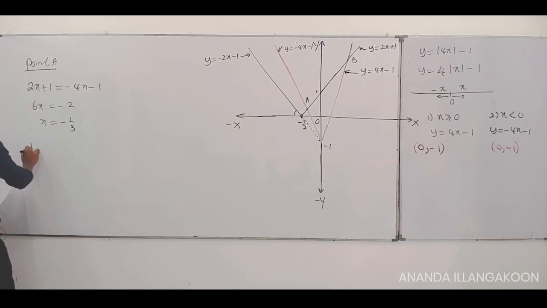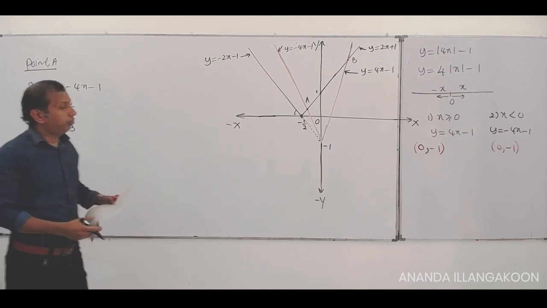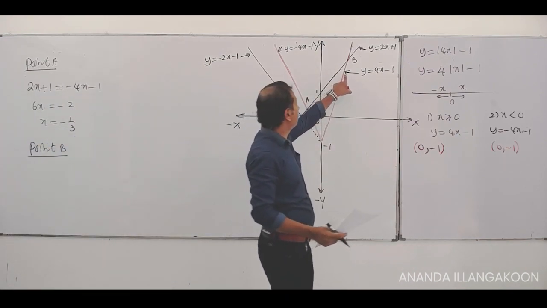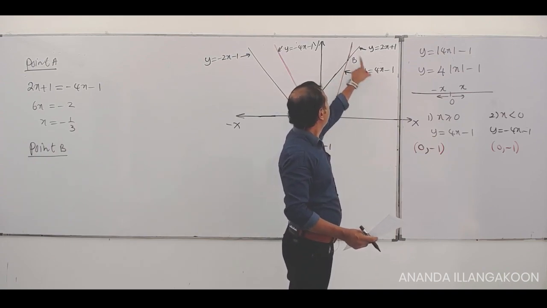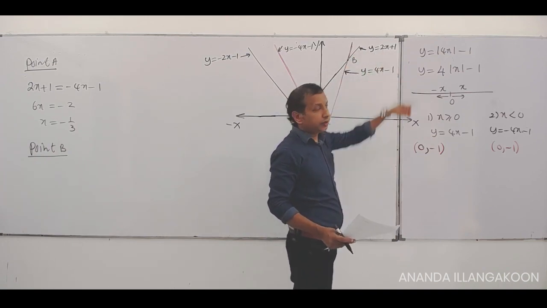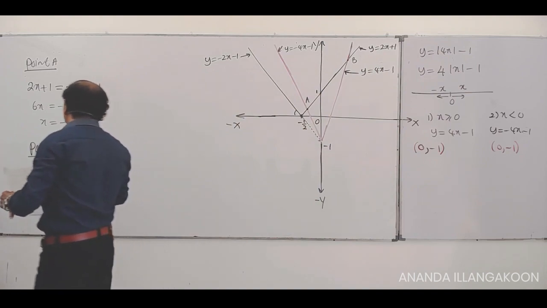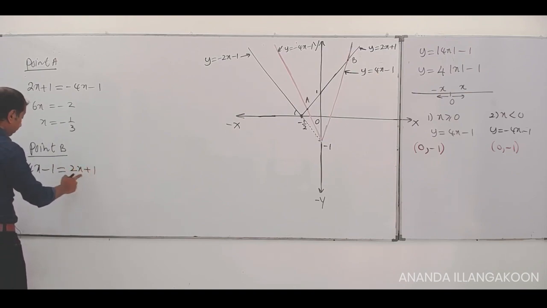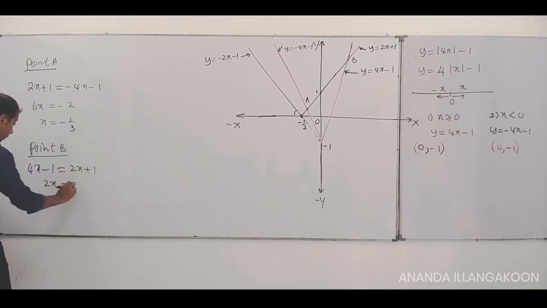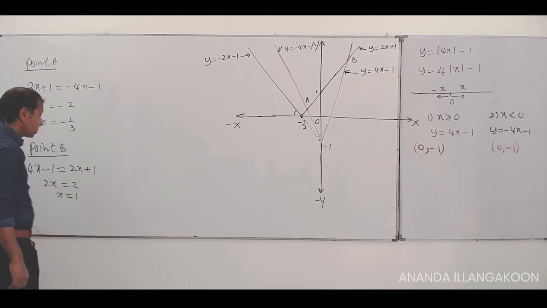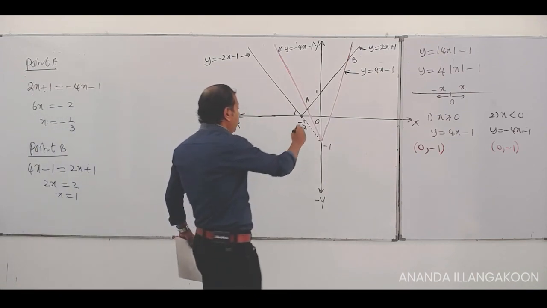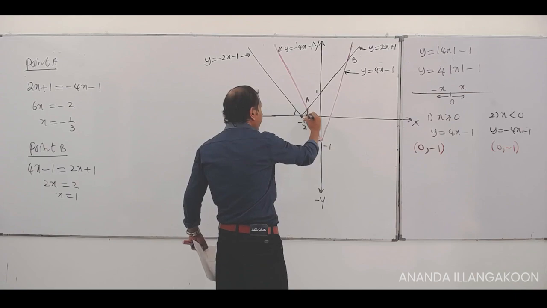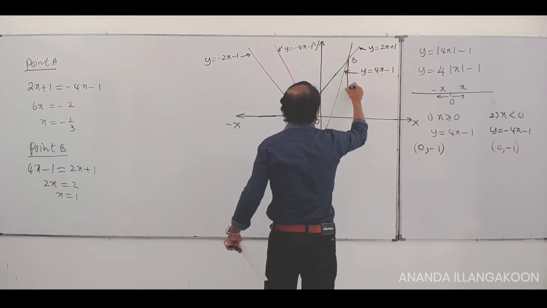Point B we get by the intersection of this and this, then equate the right hand sides. 4x minus 1 equals 2x plus 1. 2x equals 2, so x equals 1.